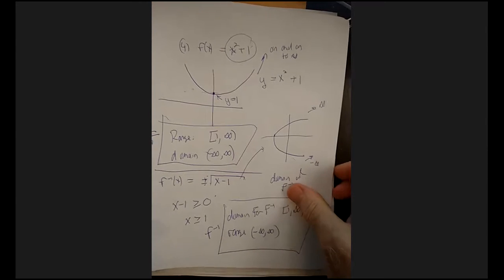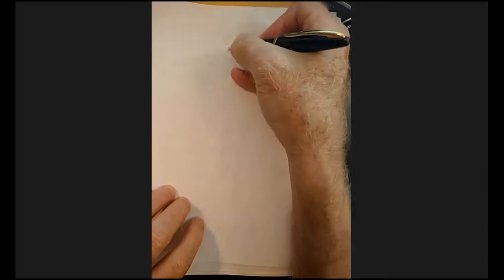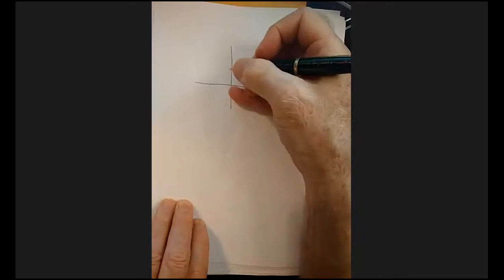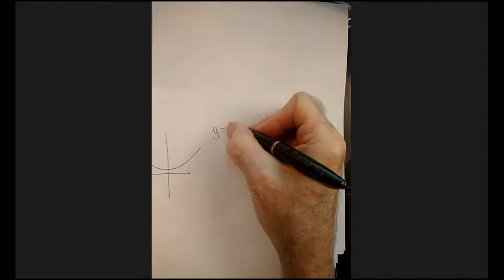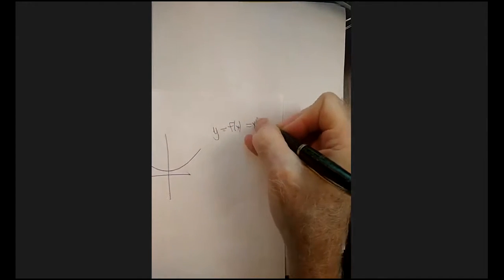And just sort of a trick, which maybe will help that make sense, and I hope this will show on the video. So that's the function for f, right? That's y equals f of x equals x squared plus 1. Everybody agree with that?